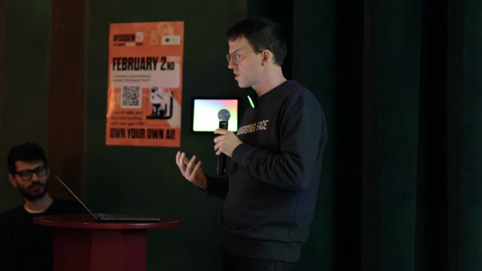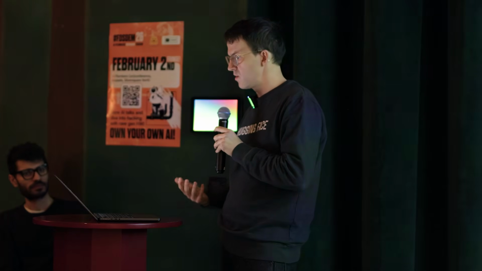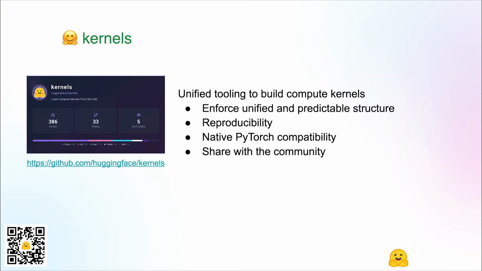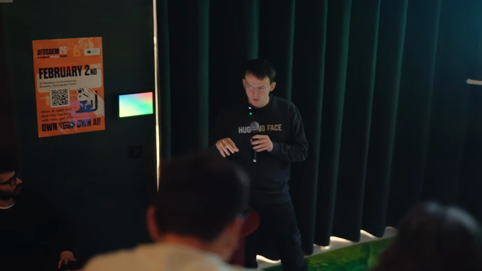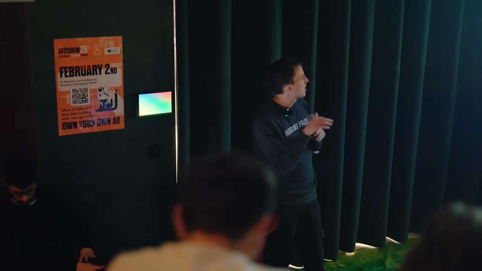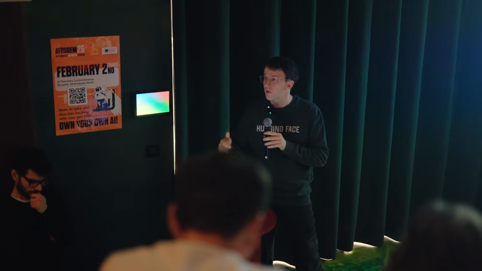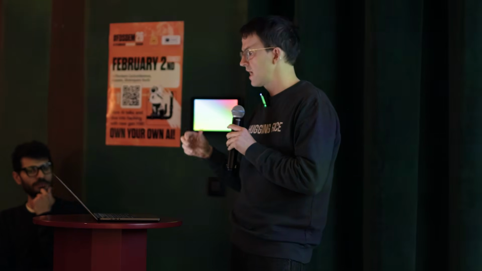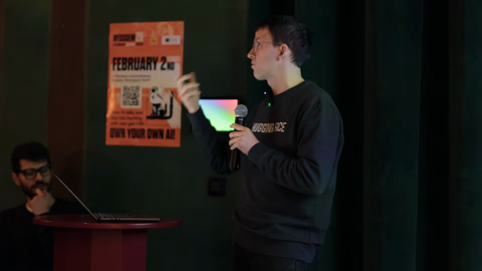So these are the tools that we've built and that we're using and are readily available now. The first is HF kernels, and kernel-builder is the second. This basically works by enforcing a predictable structure for every project. Every project will have a build directory, a build.toml, a C source for CUDA source, and a torch-ext directory for torch code.